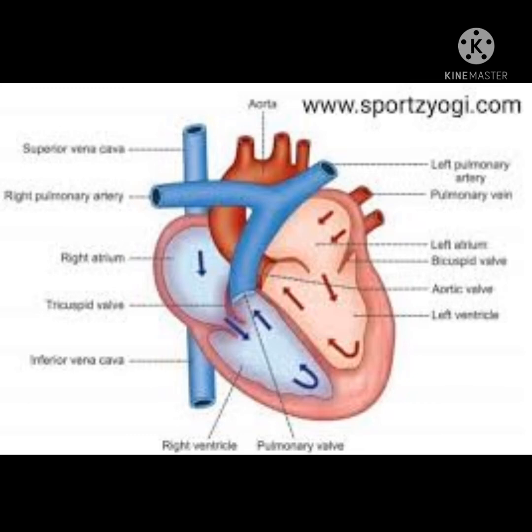We know that our heart is also involved in the circulation of blood. The main role of our lungs is to oxygenate the blood which is carried from the right ventricle of our heart.